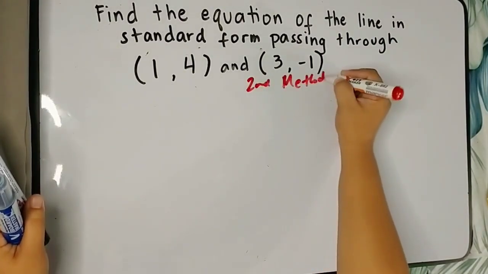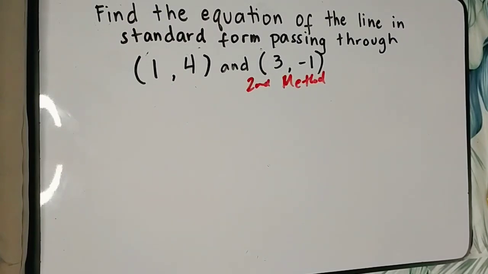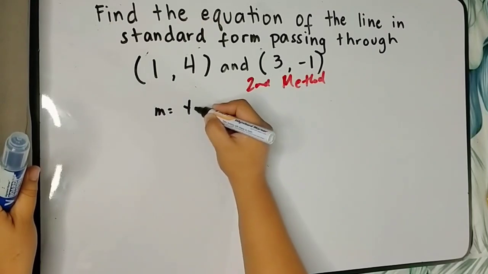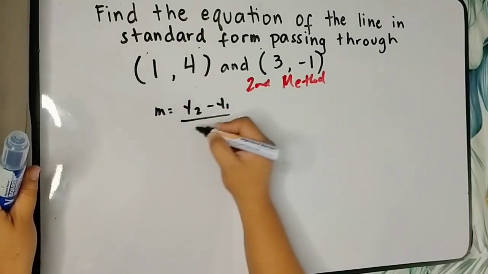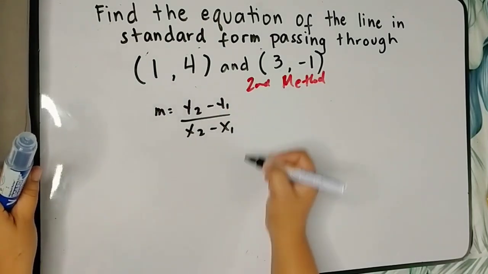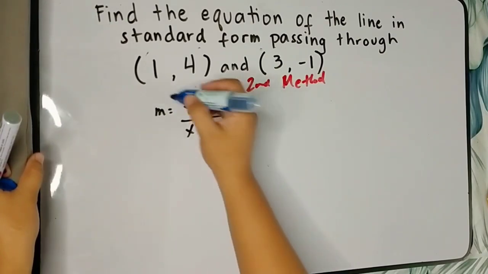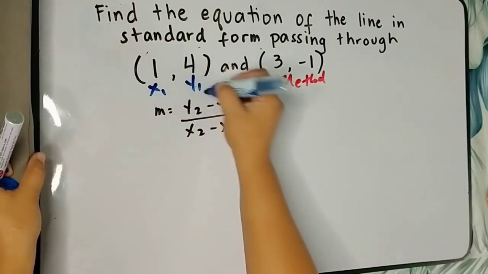again, first is find the value of the slope. So, again, m equals y sub 2 minus y sub 1 all over x sub 2 minus x sub 1. So, identify muna natin si x sub 1, y sub 1, x sub 2, y sub 2. So, first coordinates, you have there x sub 1 and y sub 1.